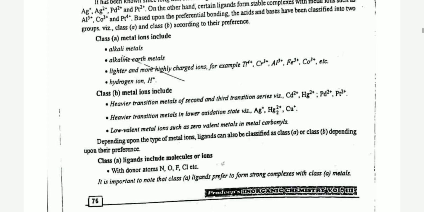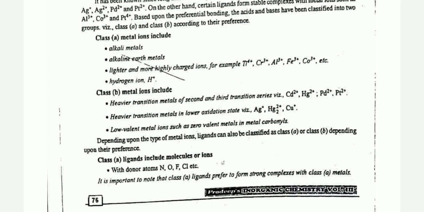Class B metal ions include heavier transition metals of the second and third transition series, with cadmium 2+, mercury 2+, Pd2+, platinum 2+. Heavier transition metals in lower oxidation state, which are Ag+, Hg2 2+, Cu+. Low valent metal ions such as zero valent metals in metal carbonyls.